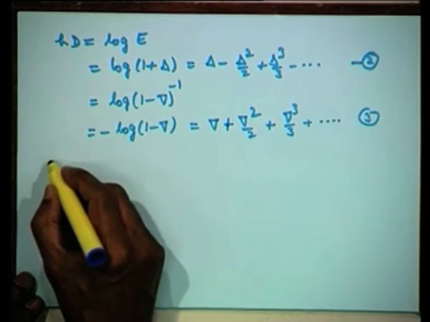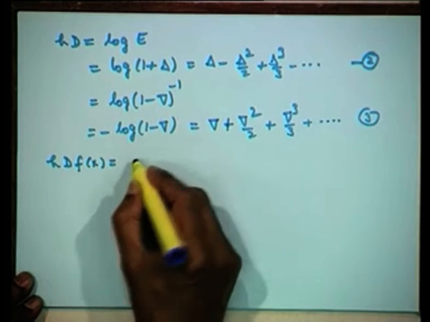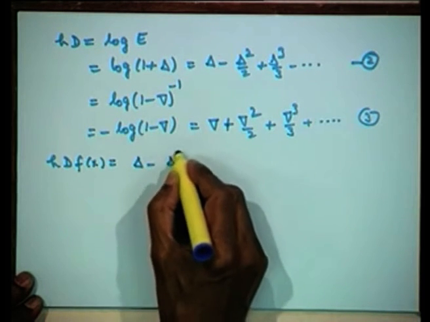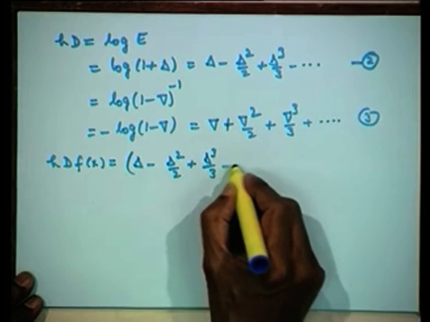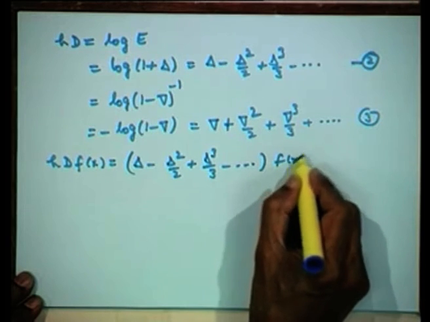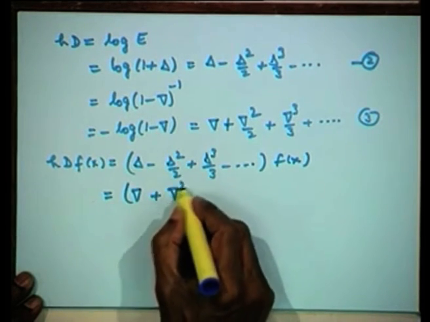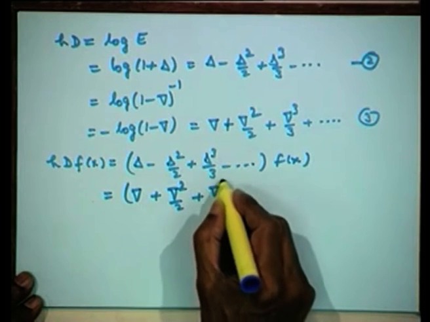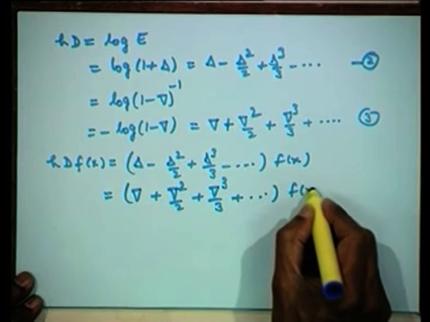That means, if you operate it on any given function f x, that will be simply either delta square by 2, delta cubed by 3 and so on, operate on f x, or I will have backward delta square by 2, delta cubed by 3 and so on, operate on f x.